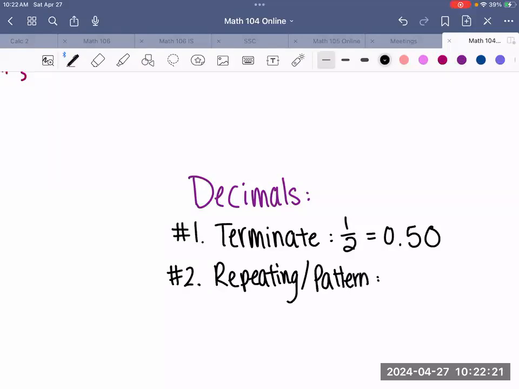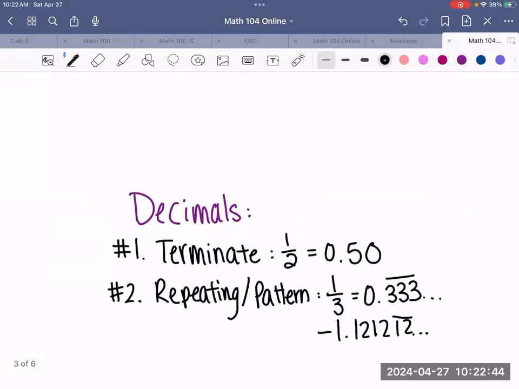So for example, like 1/3, this is 0.3333 repeating. Repeating is just that bar over it. Or if you have a number, let's just throw it out there, like negative 1.121212, and the 12s are repeating, and they can kind of go on. So those are your rules for your decimals.